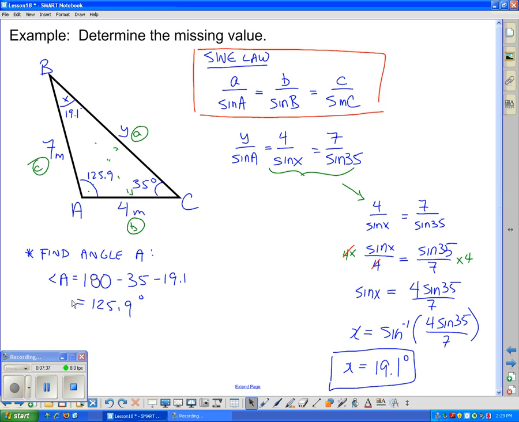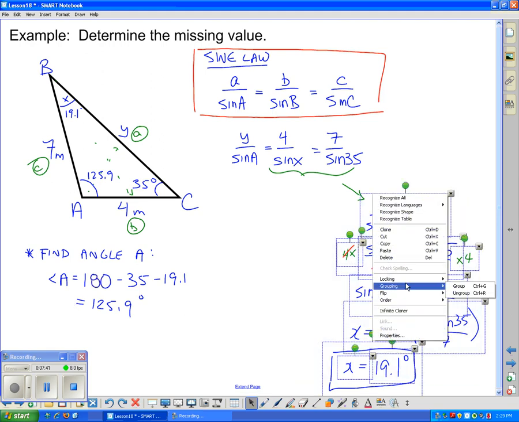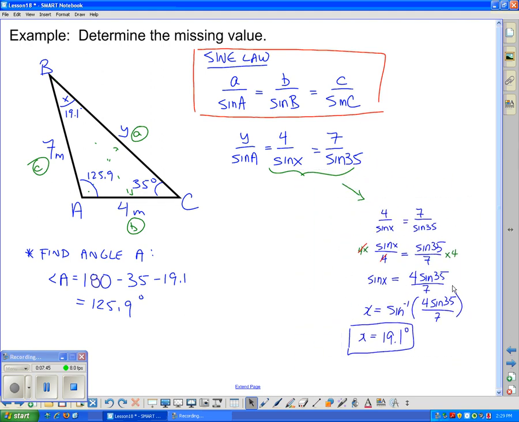I then can go back to my sine law, and I can pick a different pair of fractions to solve for. So now I'm going to take this fraction and this fraction over here. I'm still looking for the value of y. I now know the angle of A, it's 125.9, and I've got it equal to 7 over sine 35.